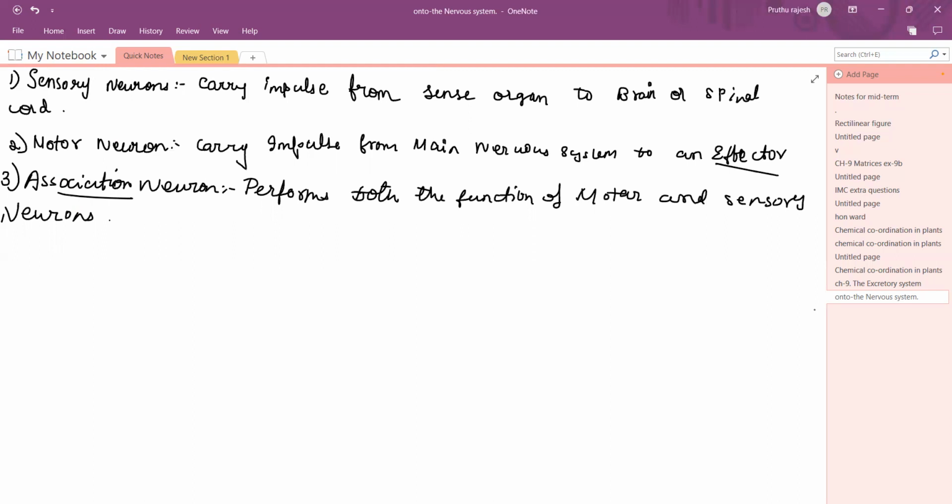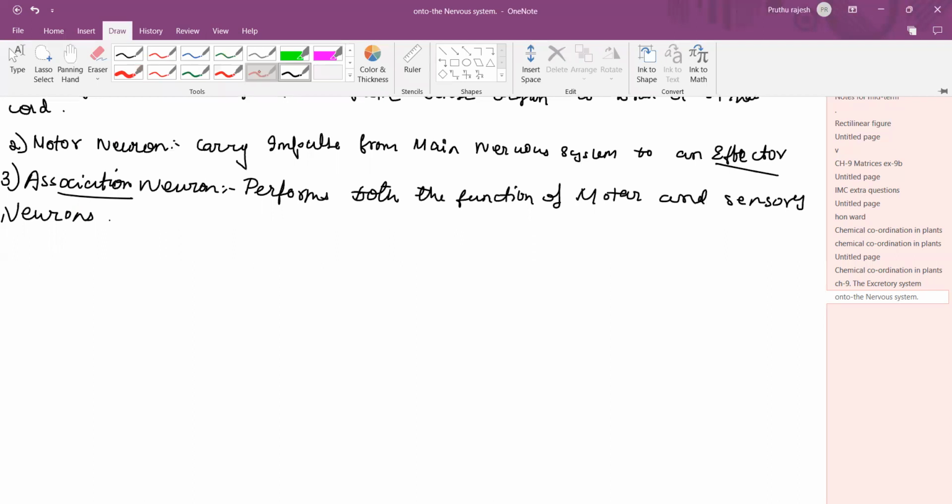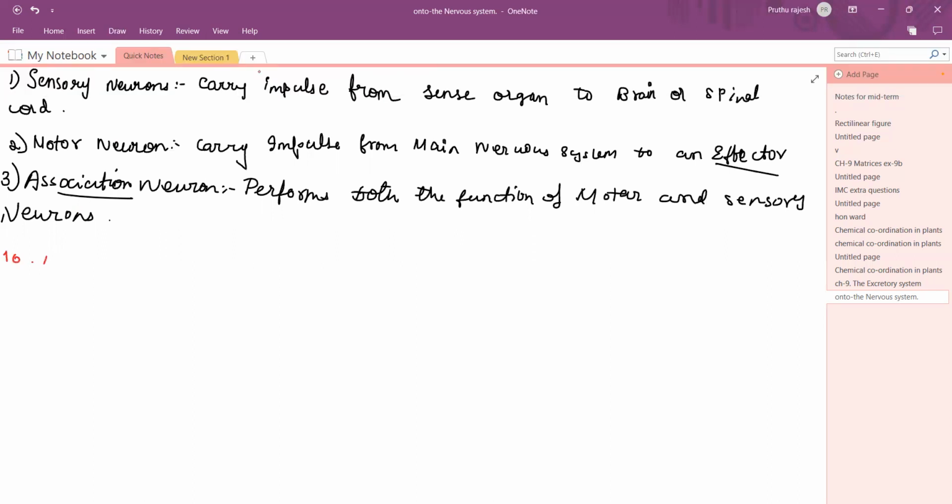Let me define that for you. Nerve is a bundle of nerve fibers, separate neurons enclosed in a tubular sheath.